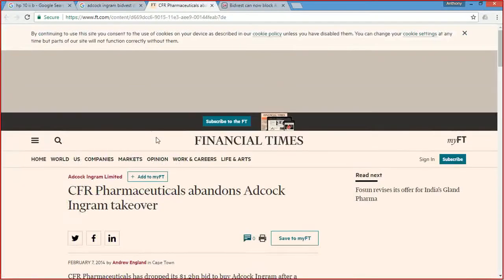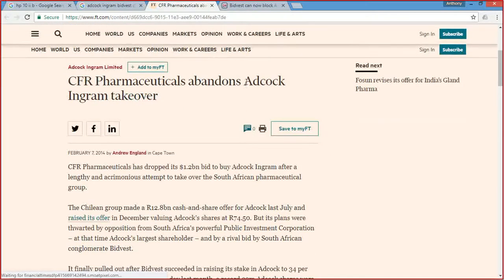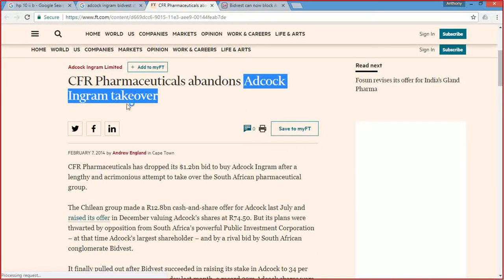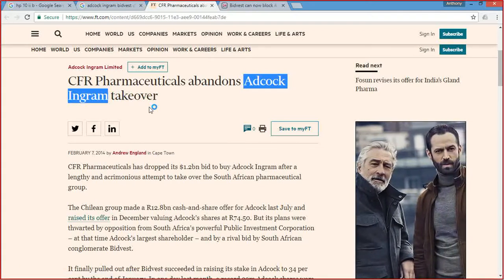Back in the day, you had two companies that wanted to buy Adcock Ingram. Why? Because everybody needs medicine.